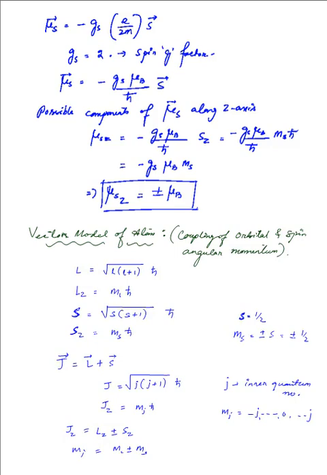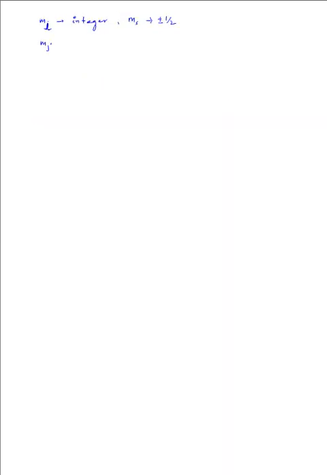Now, one more thing is that since we have ml to be an integer, and ms to take up either plus or minus half, from the previous relation, mj equal to ml plus or minus ms, mj will take up half-integral values because of the magnetic spin quantum number.